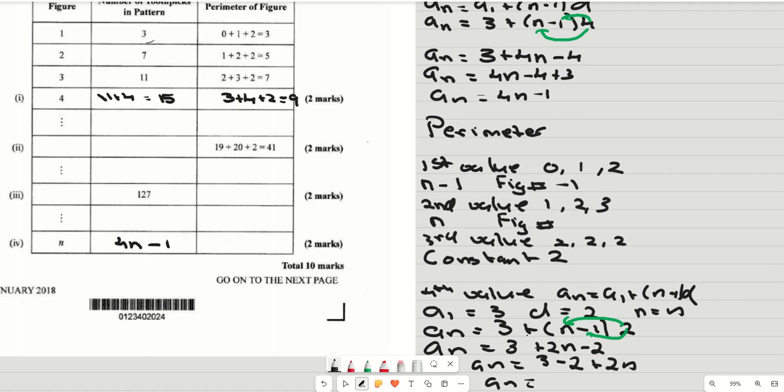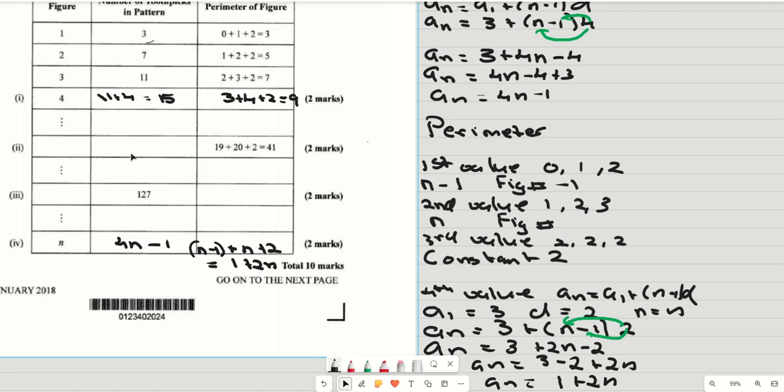So an is equal to 1 plus 2n. So what you can say is, my first value is n minus 1, in brackets, plus my second value is n, my third value is a constant of 2, and all of this is equal to 1 plus 2n. And that would be your formula for n.